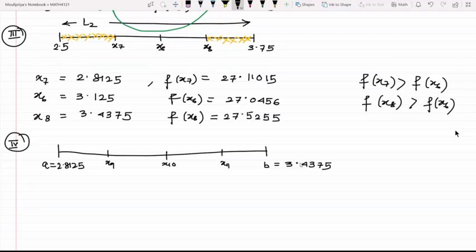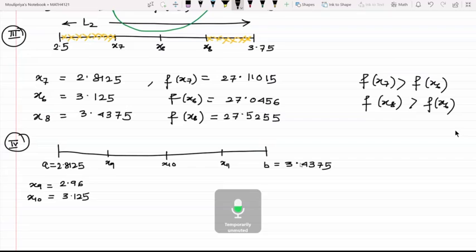If we think this way, x10 is the midpoint. x10 is given by 0.125. x9 is the midpoint of A and x10, so it is 2.96.